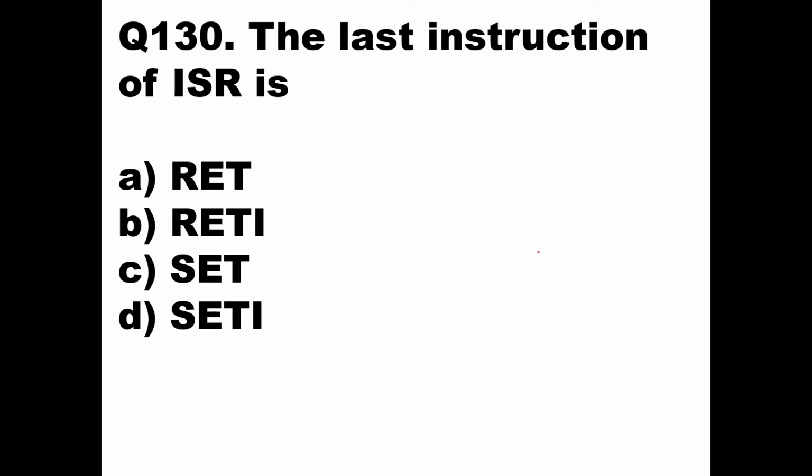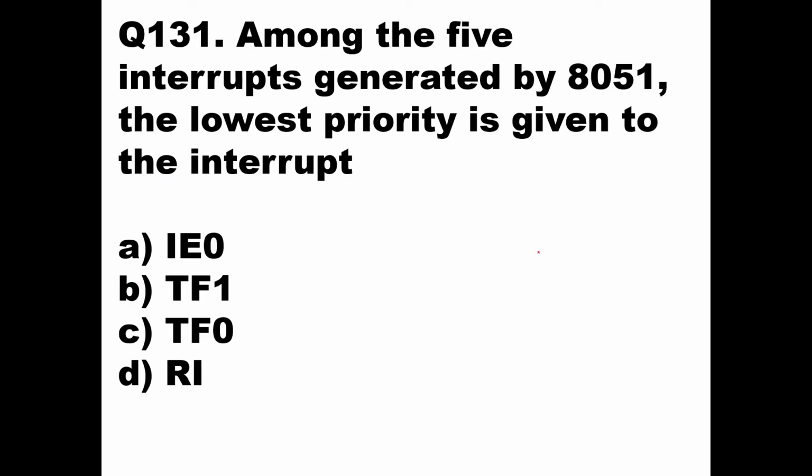RETI means return from the interrupt and go back to the main program, where you have the next instruction after the interrupt enable. So RETI, return from interrupt, will be the exact answer here. This is the last instruction of your interrupt service routine. Then we'll go to the next question.